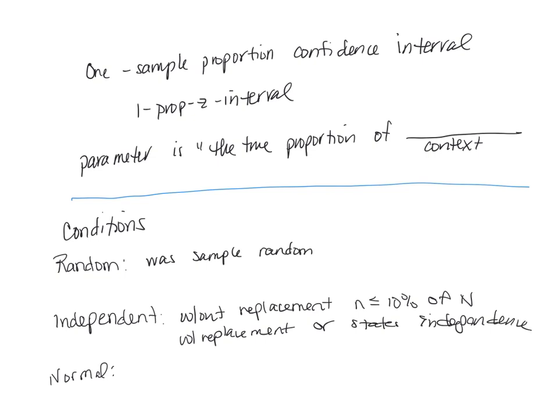Okay, and then normal, because it is a proportion, we say n times p hat, because we don't have the population proportion, has to be greater than or equal to 10, and n times 1 minus p hat has to be greater than or equal to 10 in the large counts condition. Because I do not have the population proportion, I have to substitute a p hat here. Okay, let's go look at an example.